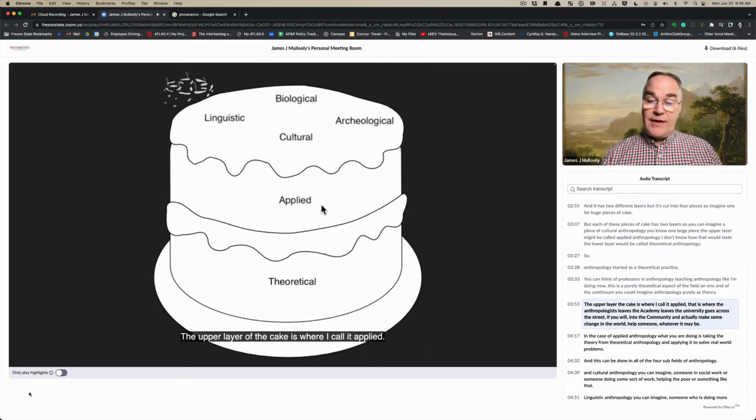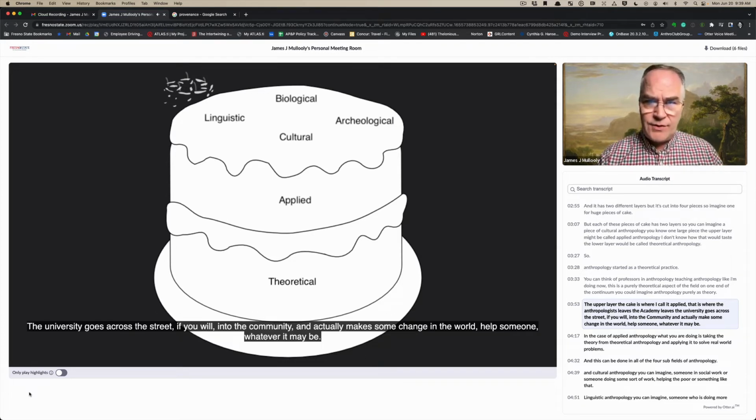The upper layer of the cake is where I call it applied. That is where the anthropologist leaves the academy, leaves the university, goes across the street, if you will, into the community, and actually makes some change in the world. Helps someone, whatever it may be.